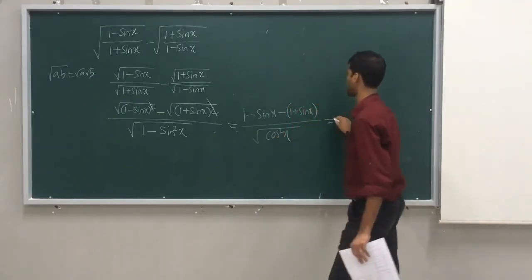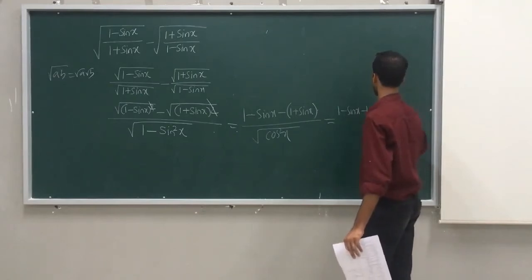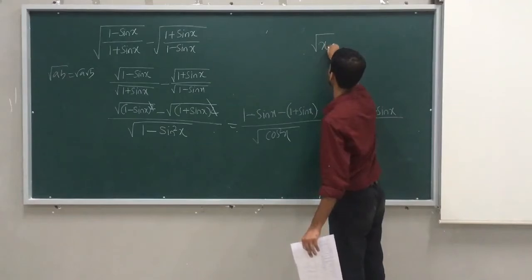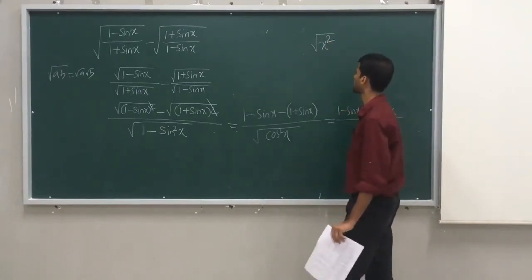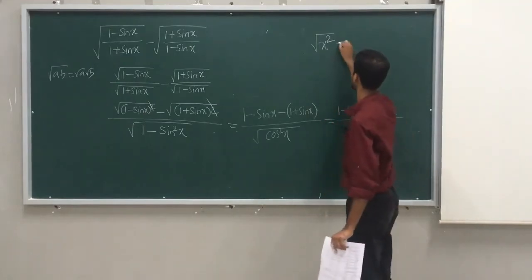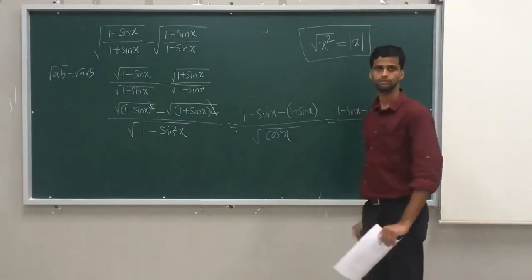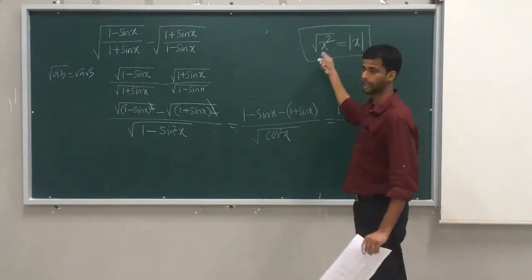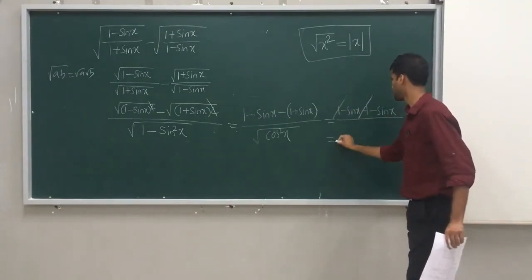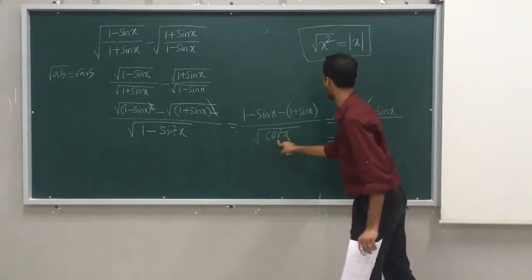Always keep in mind that a number under a root is always positive, so the square root of x square is always written as mod x. Now, 1 minus sin x, the minus and plus get cancelled, and you are left with minus 2 sin x divided by mod cos x.